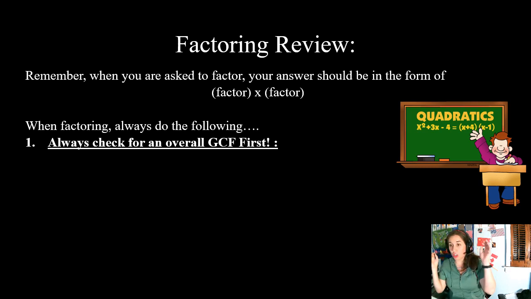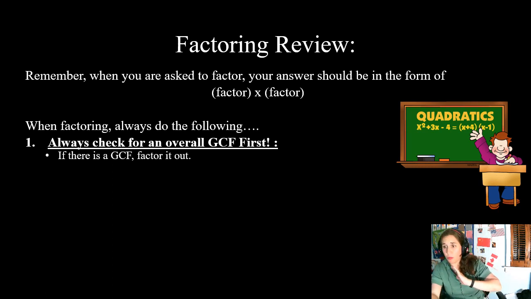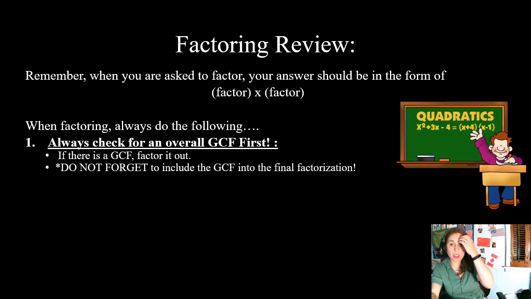You should look at that polynomial, look at every single term, and ask yourself: is there a GCF in this overall polynomial? Do the coefficients have something in common, and do the variables have something in common? If there is, you pull that out. You factor it out right away. So you always look for an overall GCF first before you do factor by grouping or the AC method. The first question you should always ask yourself when you're asked to factor is: is there an overall GCF? And if there is, you factor it out.